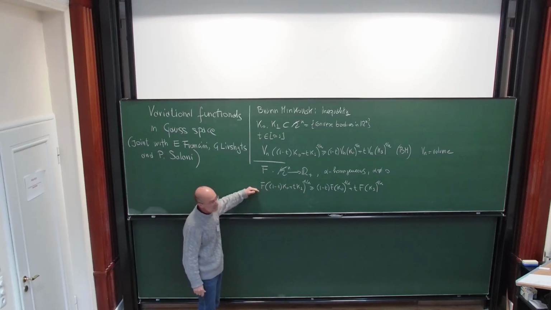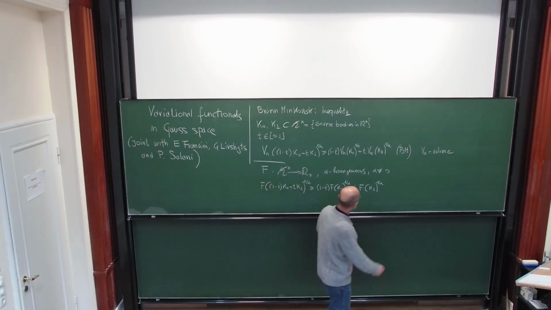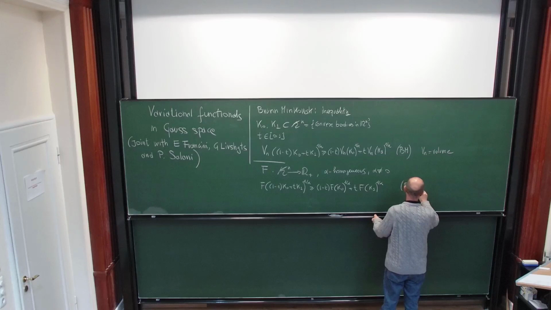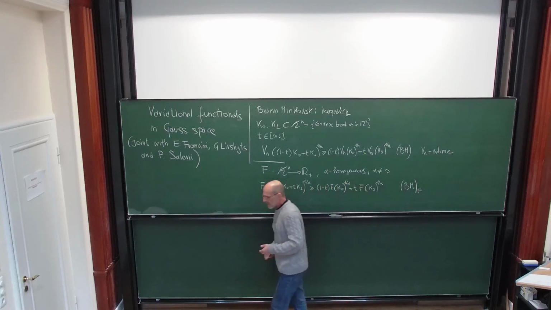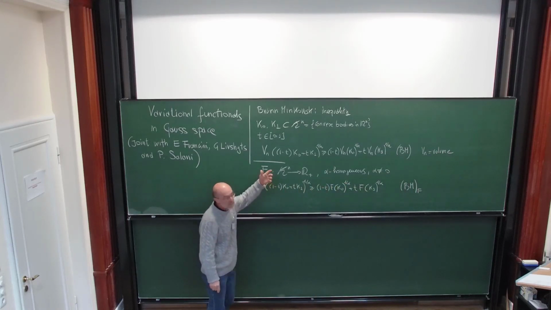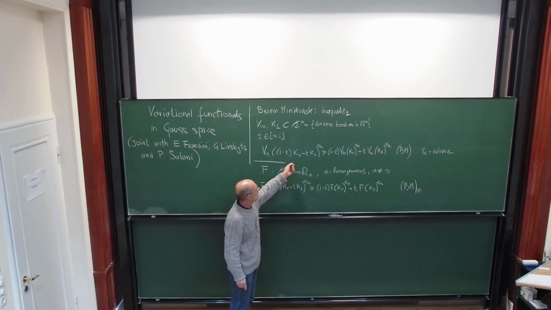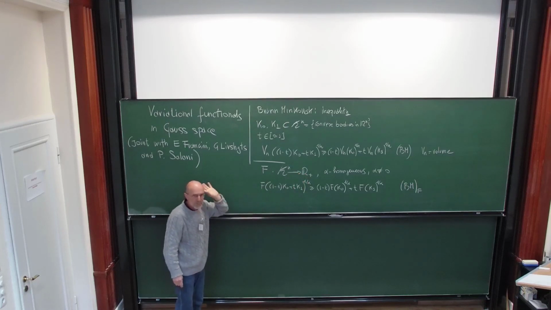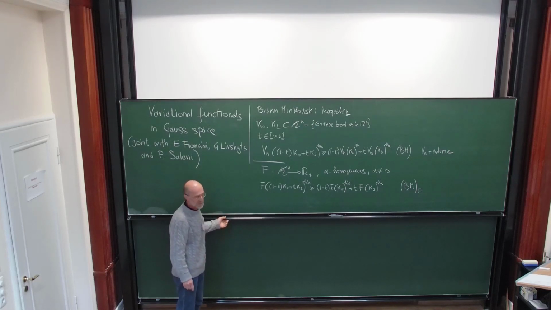So if you have a behavior like this, then you say that f verifies a Brunn-Minkowski type inequality. I didn't say it, but I hope it's clear from the context, here I'm using the Minkowski addition. I will not recall the definition, but in case of any single question, just interrupt me. I will be very happy to answer.